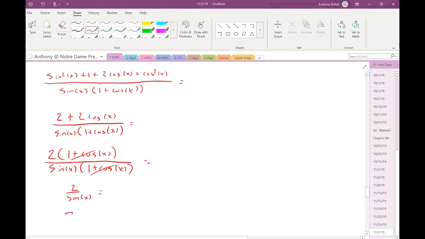And 2 over sine just turns into 2 cosecant. And we're done. Would have been rough starting on the right-hand side, having to rebuild all that out of 2 cosecants. Probably would have just worked the same steps in reverse.